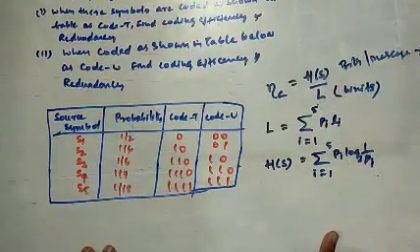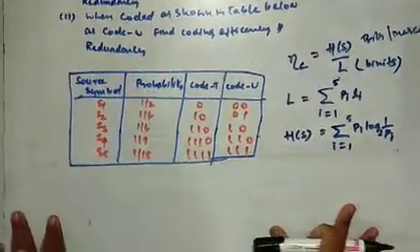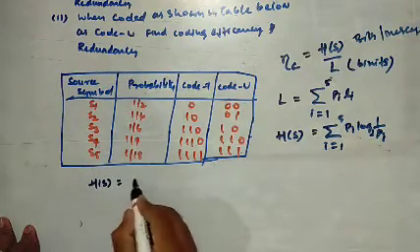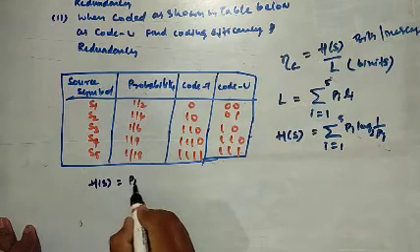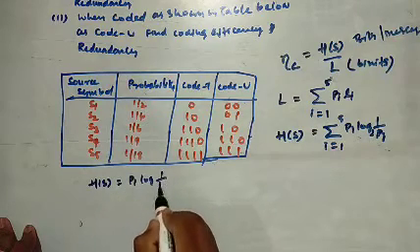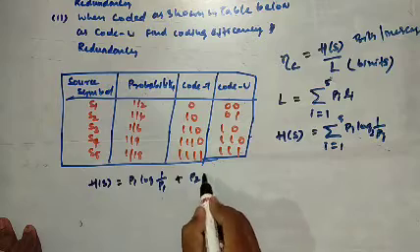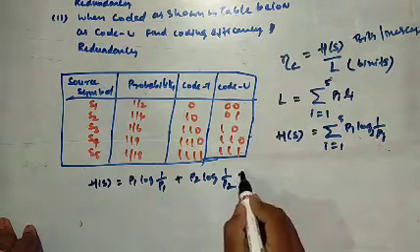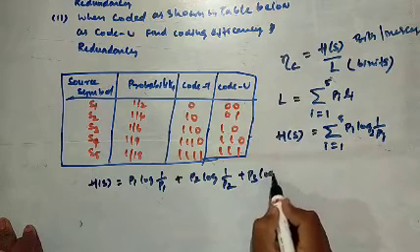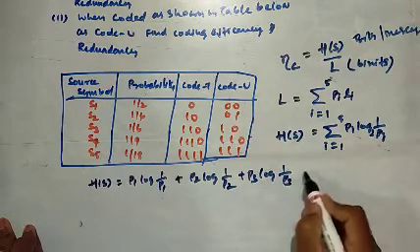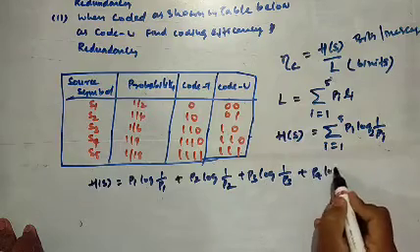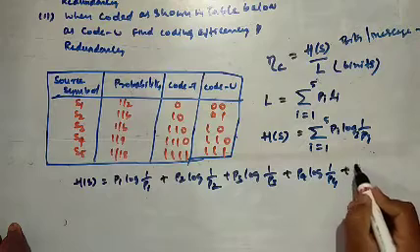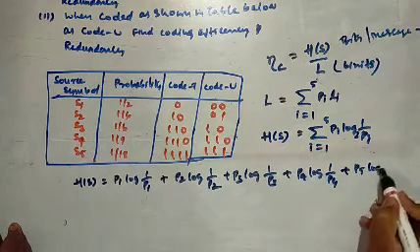First we will solve the entropy for this problem. H of S is equal to, let me expand that, P1 log 1 upon P1 plus P2 log 1 upon P2, all with respect to base 2 only, plus P3 log 1 upon P3 plus P4 log 1 upon P4 plus P5 log 1 upon P5.